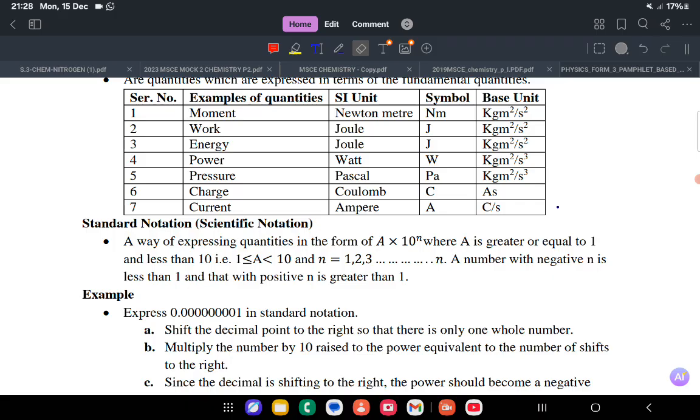For example, let's consider a number such as 0.000...1. This is a very small number, if you can see. So you need to write this number in standard form. What is the danger?